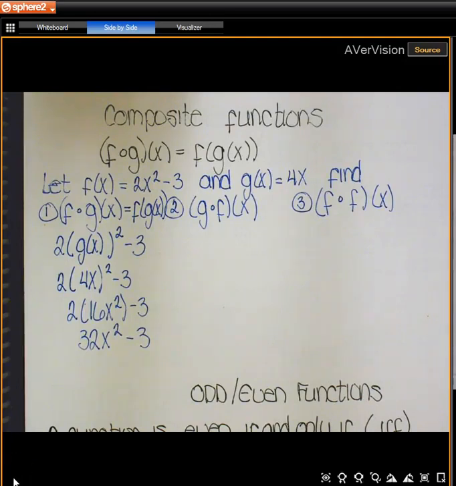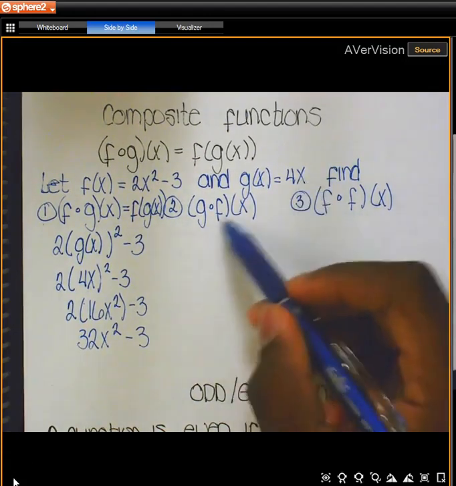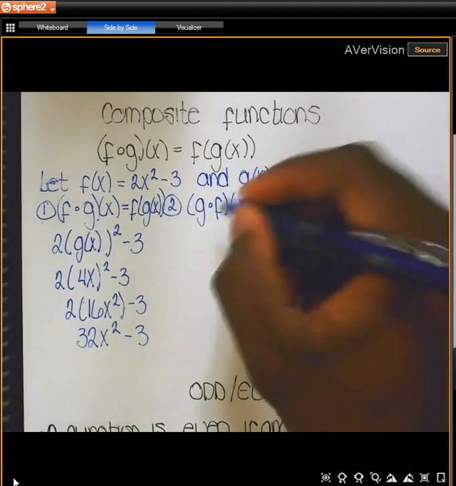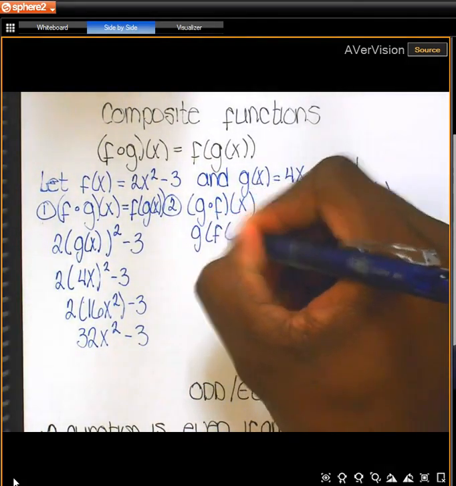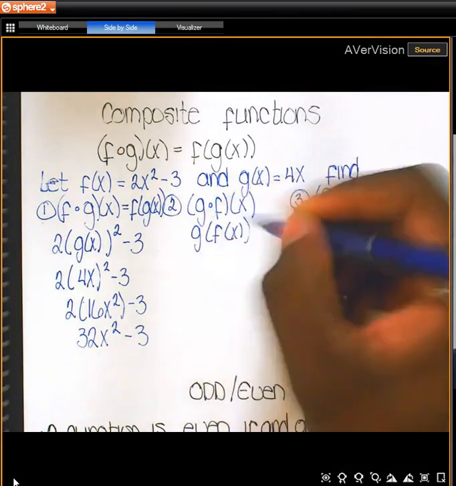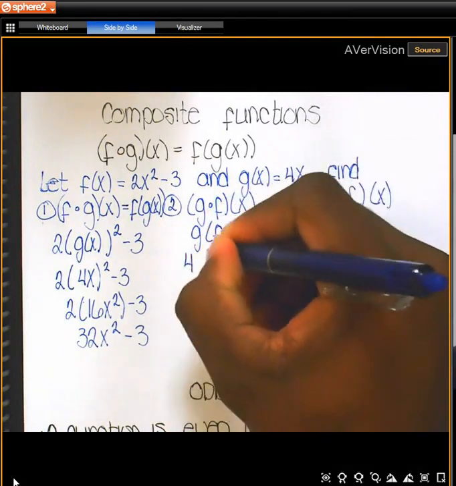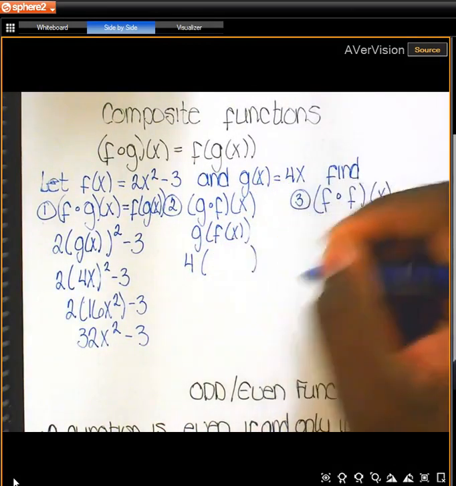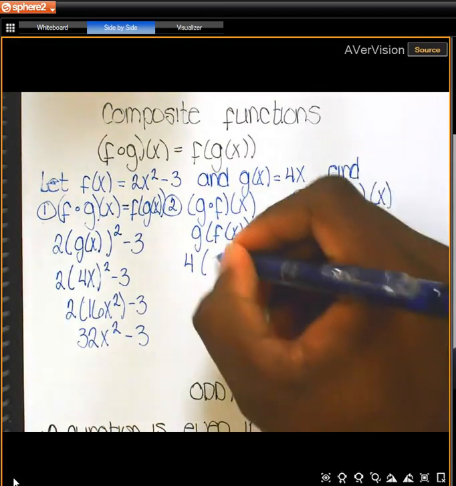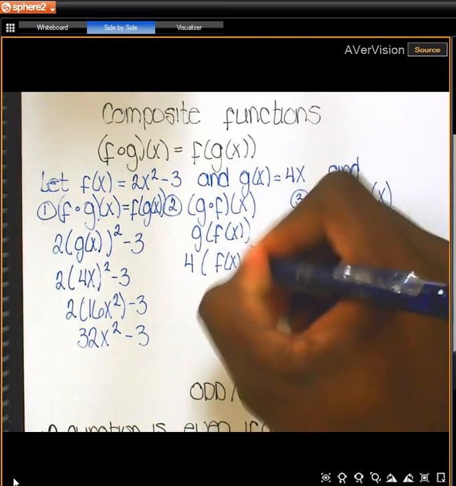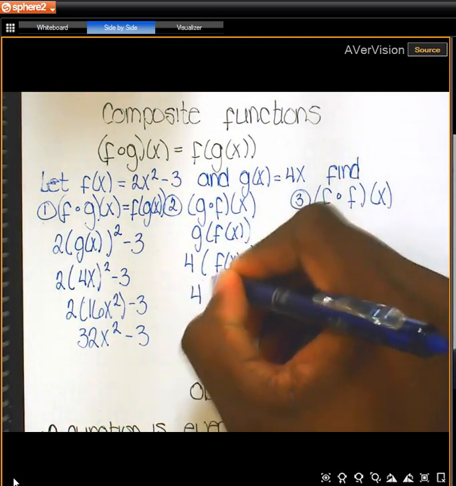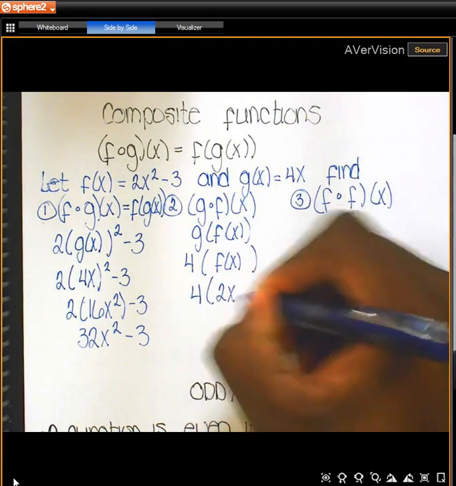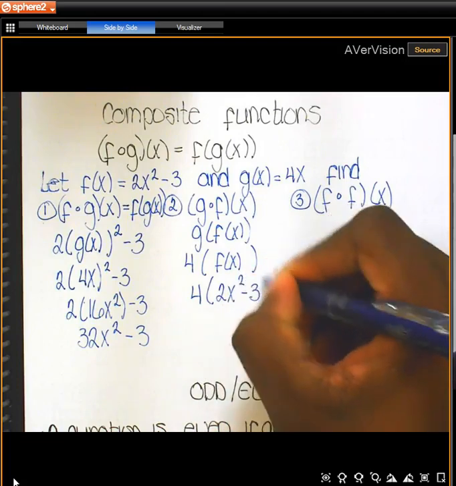So next one is g of f of x. So this time we're taking g and we're plugging in f. G is 4. Wherever we see an x, we're going to leave a space. And in that space, we're going to put f of x. F of x is 2x squared minus 3.